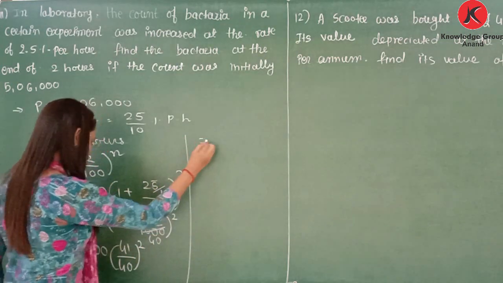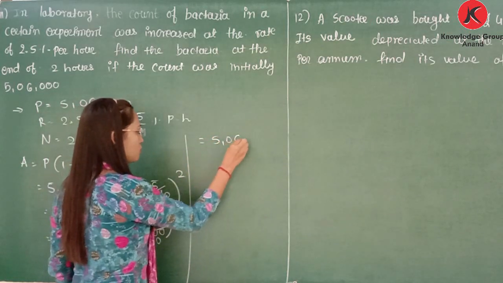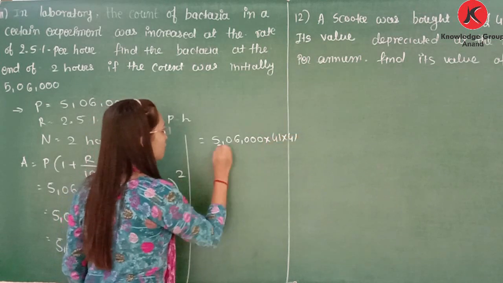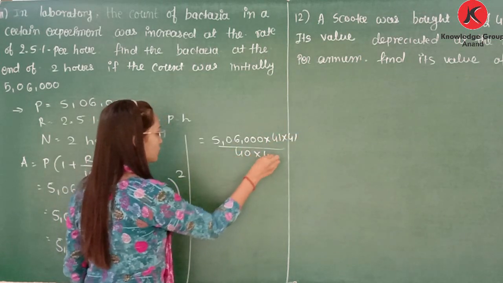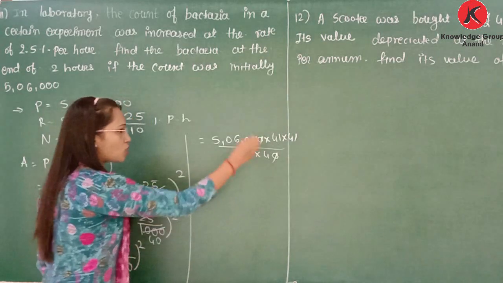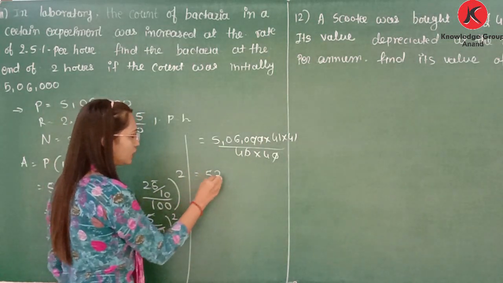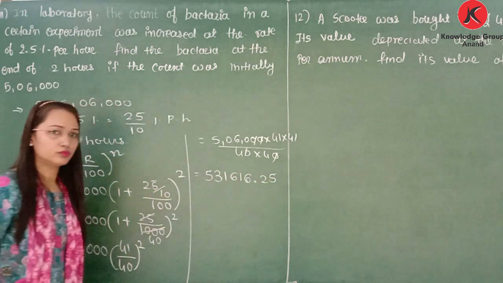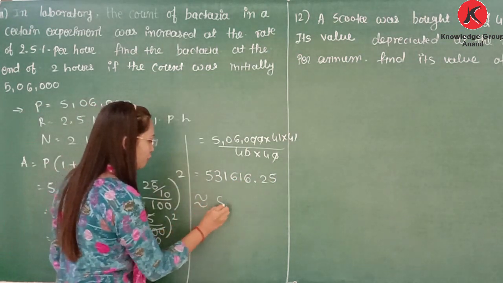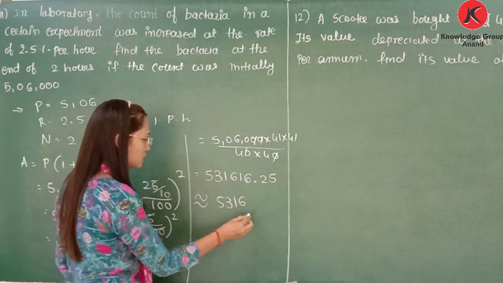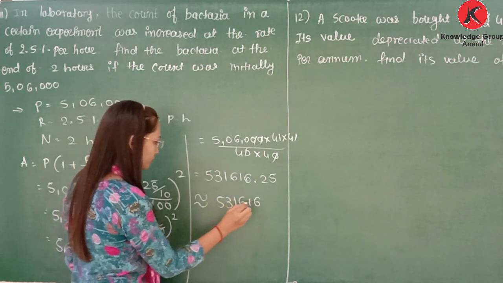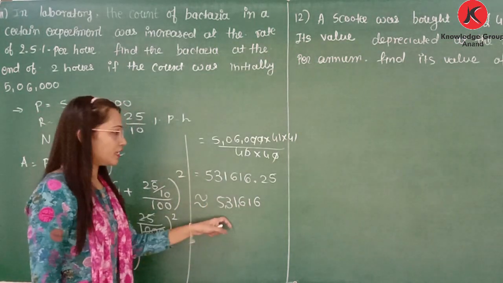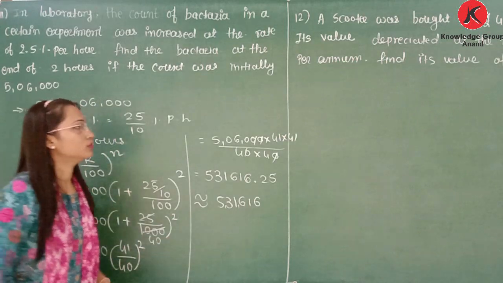So here we will get 5,06,000 multiply 41 multiply 41 divide 40, and if you solve this you will get 5316.25. So that is approximately 5,31,660. Clear? So this is the approximate value.